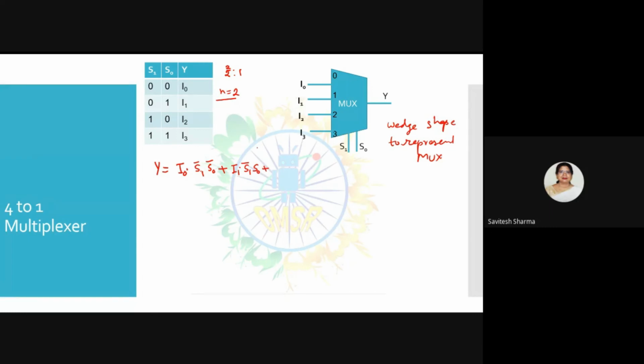So you understand, if any variable is 0, you will write its complement. Corresponding to the third combination, S1 is 1 and S0 is complemented. So this is the expression for 4:1.